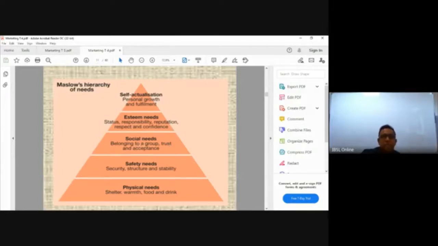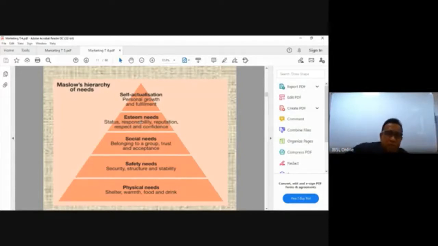And then after you work in the organization for some time, your needs become more esteem needs. You want the status, you want the positions. You want to become manager, you become senior manager, you become AGM, and so on. They are called esteem needs.